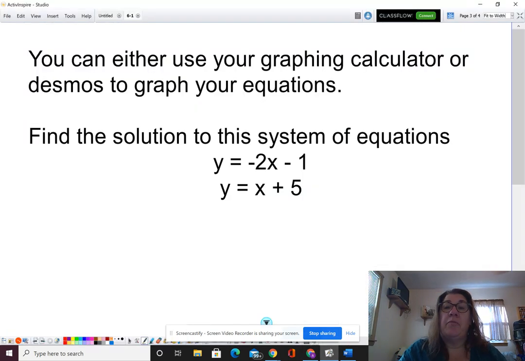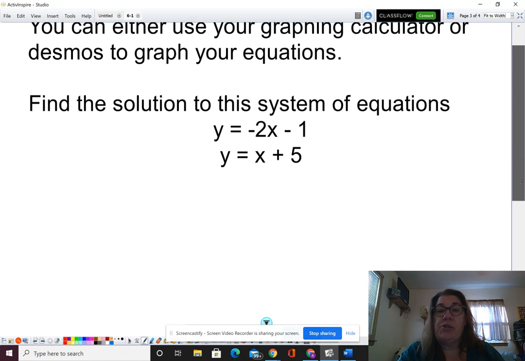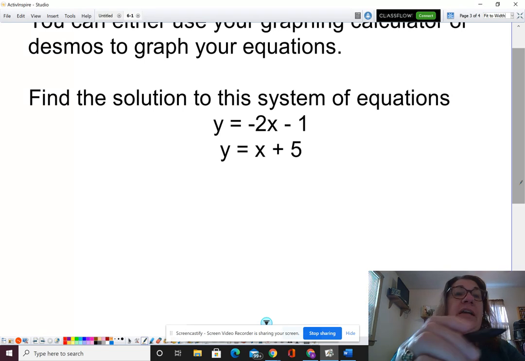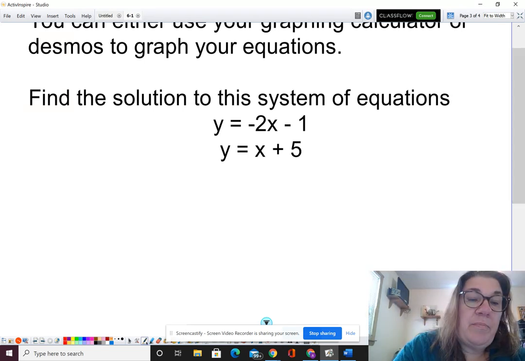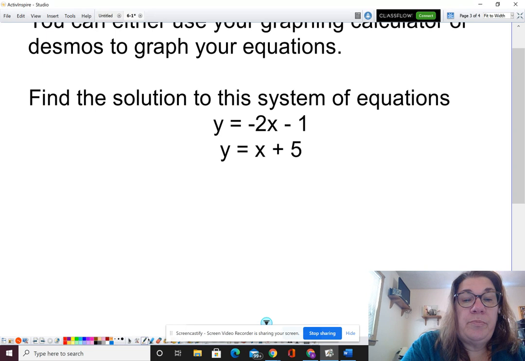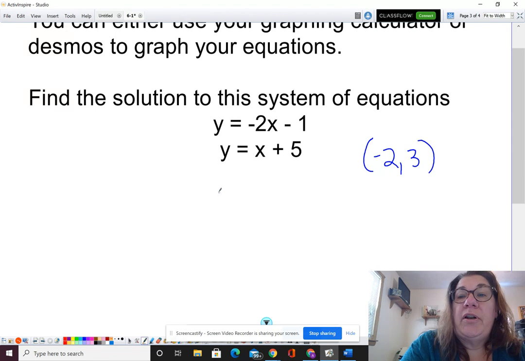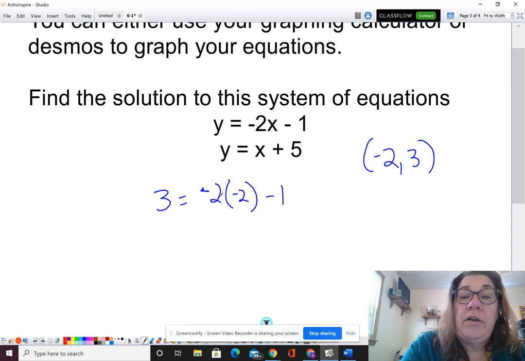So how do I know that negative 2, 3 is really my solution to this? Well, once I get the solution set, to prove it, I'm going to put that point in there, negative 2, 3. So I'm going to substitute it into the first equation. 3 equals negative 2 times negative 2 minus 1.